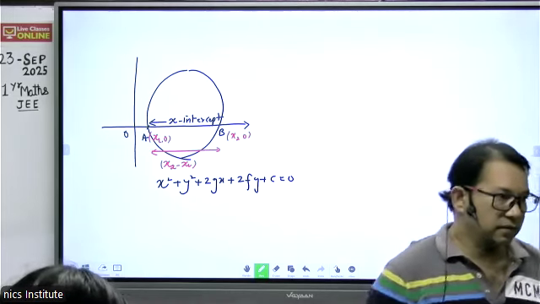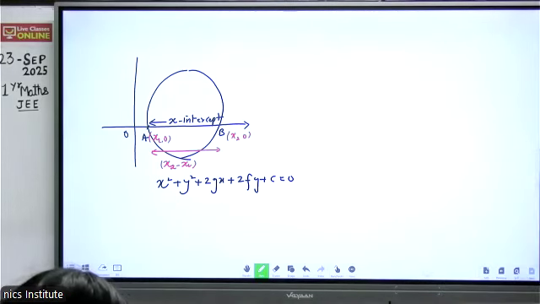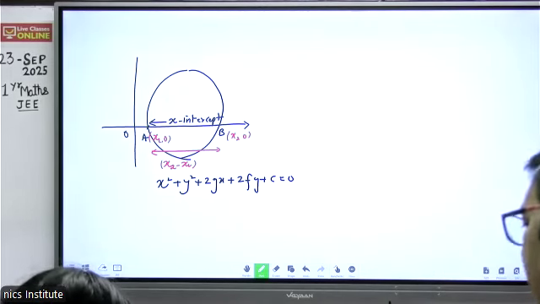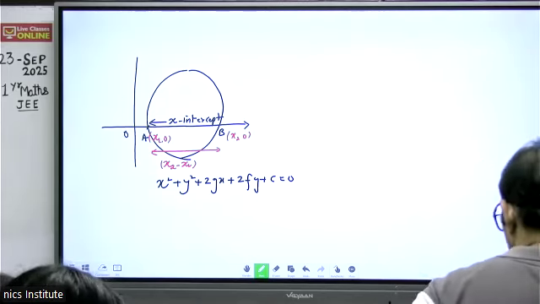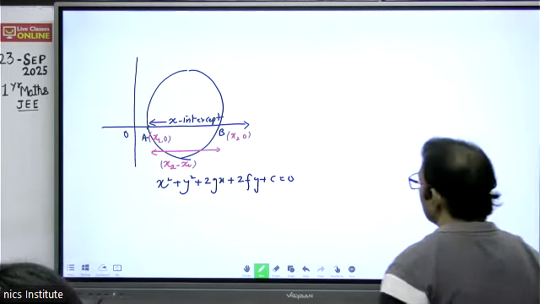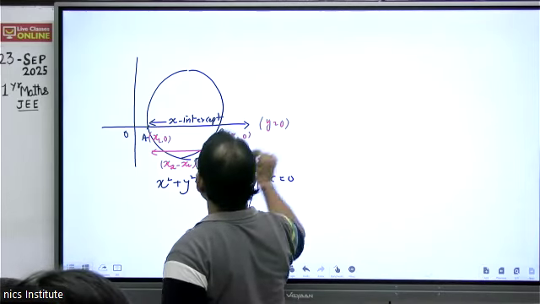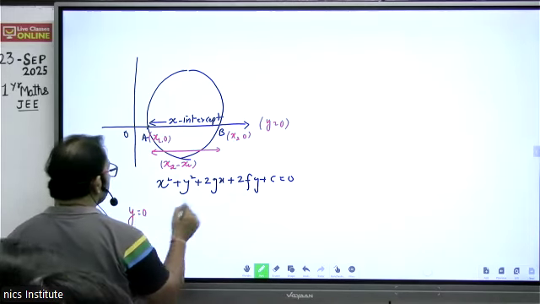तो जहां पे सर्कल x-axis को टच करेगा वहां पे y कोऑर्डिनेट 0 होगा। सोचो कैसे करोगे, x2 minus x1 कैसे आएगा? On x-axis we have y coordinate equal to 0. So we can replace y as 0 in this equation.